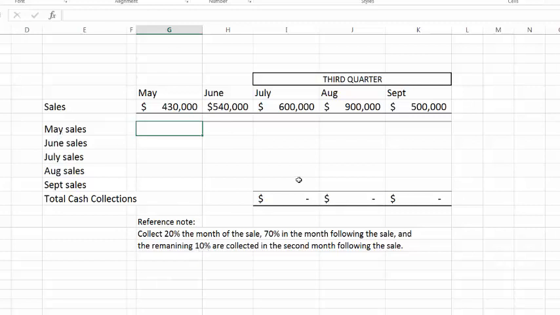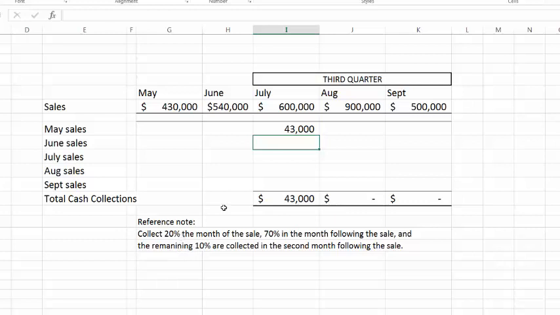In July, we would collect 10% of May's sales. Now, because July is one of the months in the third quarter, I want to record that one. Are there any other sales for May recorded in August or September? No, because 20%, 70%, and we just did 10%, that's 100%.